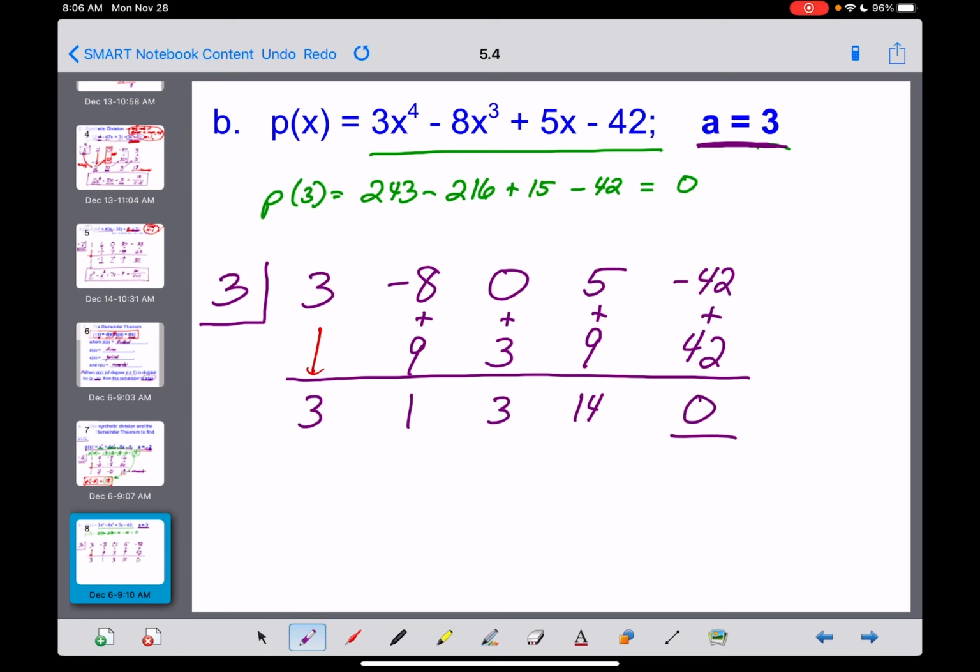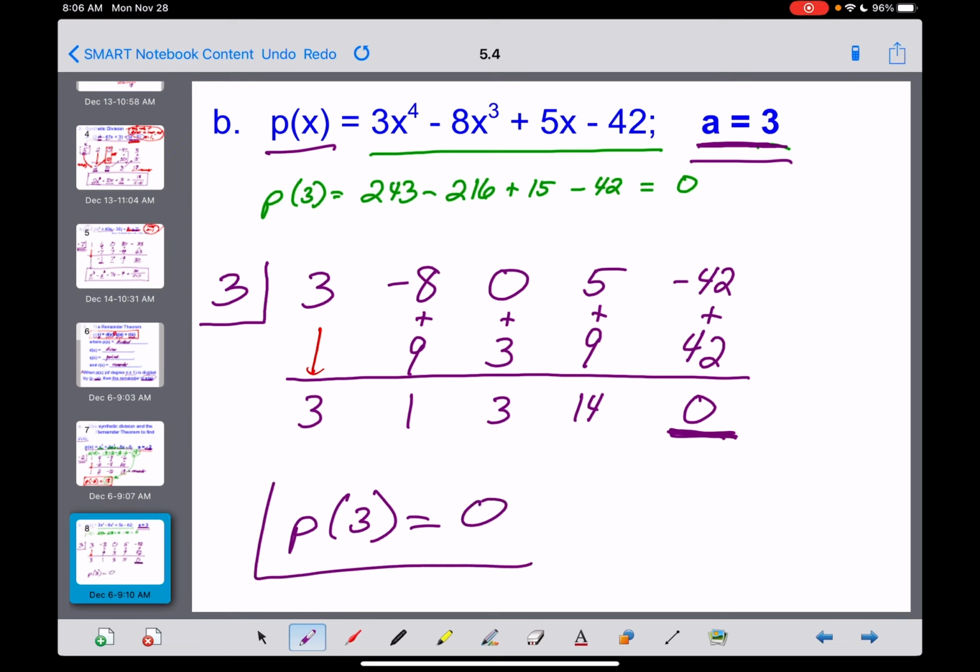And sure enough, we ended up with 0. That's your remainder, and the remainder gives you the value of p of a. So our answer here, guys, p of 3 is equal to whatever this number is right here, which in this case is 0.